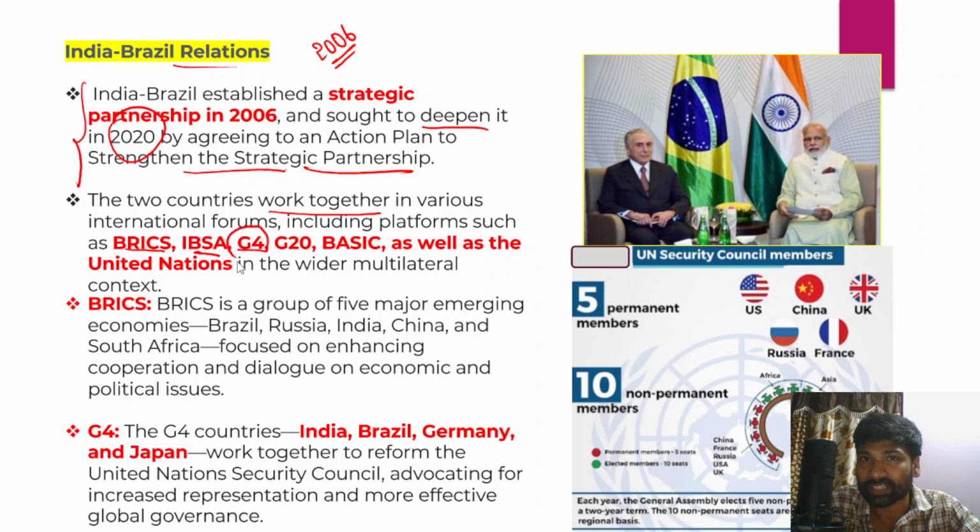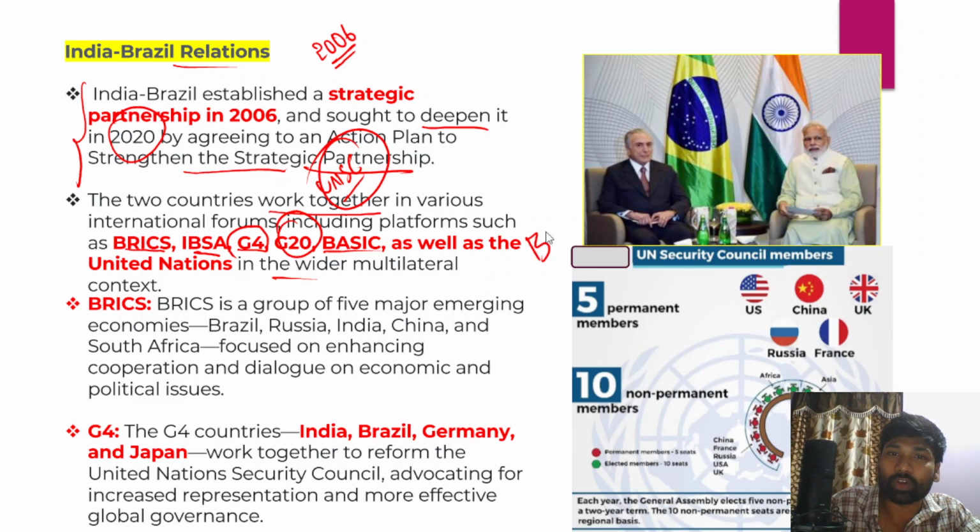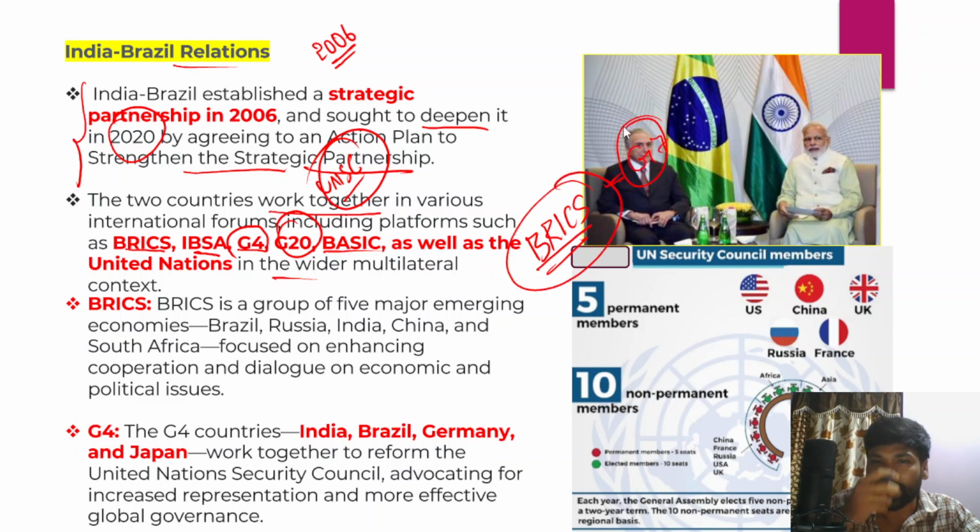As I have explained, these countries want reforms of institutions of global governance, specifically the United Nations Security Council, the G20, the top 20 economies of the world, and another grouping called BASIC, as well as the United Nations in the wider multilateral context. So don't forget that BRICS is one of the groups which has even been challenging the G7, the group of industrialized and developed countries.